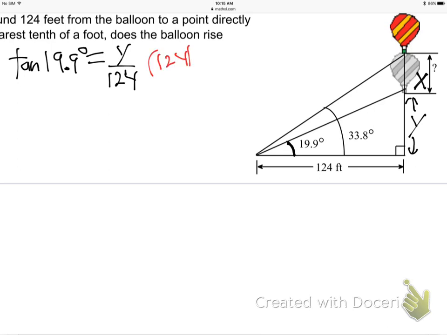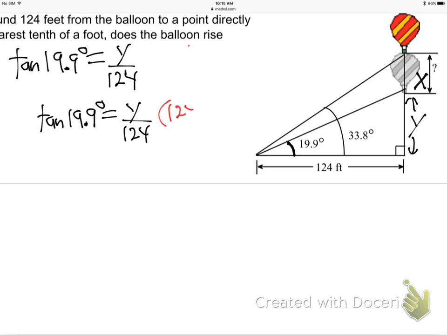Multiply both sides by 124, and that's going to be 124 times tangent of 19.9.